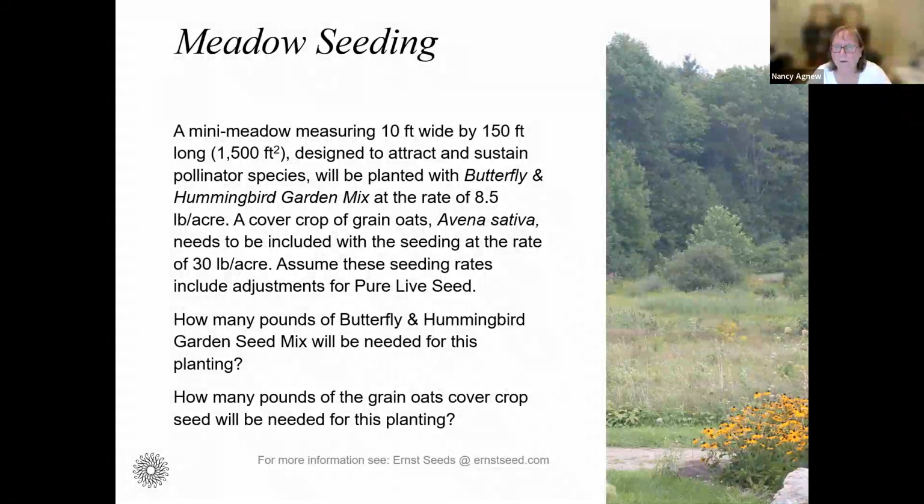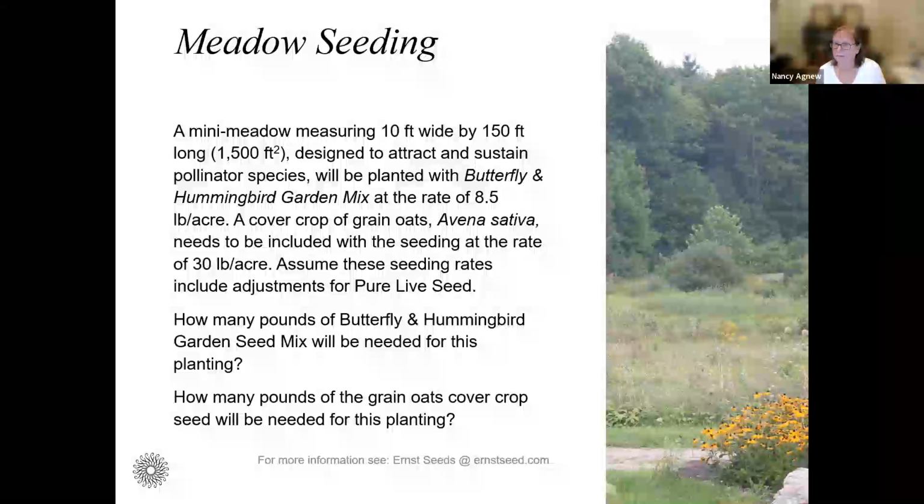This is something designed to attract and sustain pollinator species. I looked at Ernst's site and they had a really nice butterfly and hummingbird mix, and the rate they recommended was 8.5 pounds of this mix per acre.